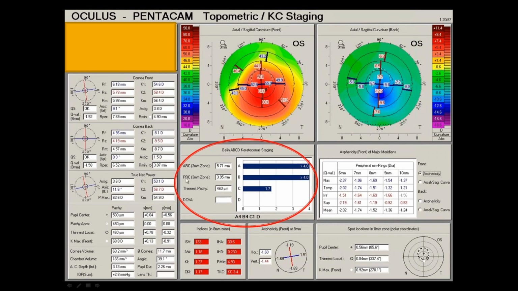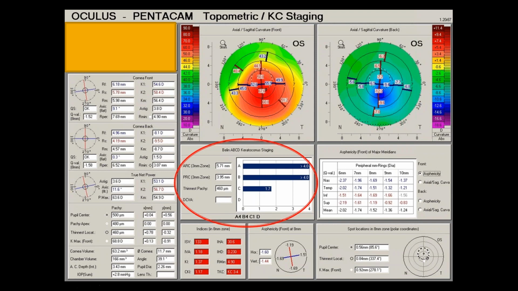The B value or the PRC value is also a stage 4. The C value or the corneal thickness thin point value is only a 1 out of 4. Just because it's only 460 microns. Let's say that cornea was 250 microns, it would probably be a level 4. I didn't have any display on what the value is for D because we didn't actually have a value.